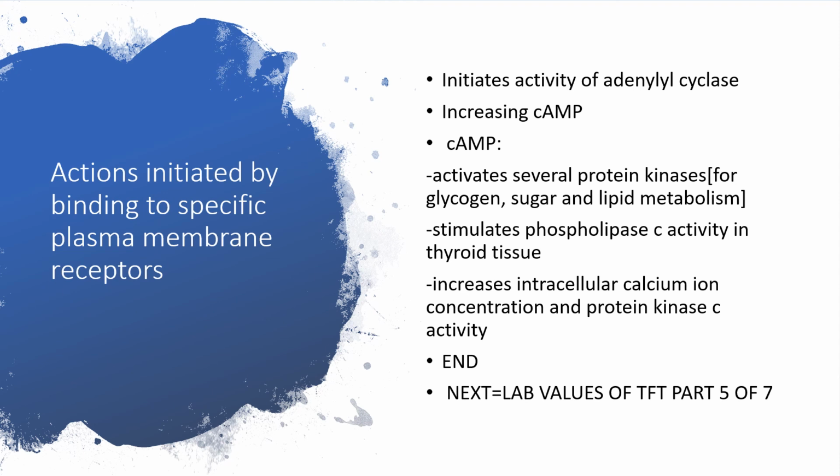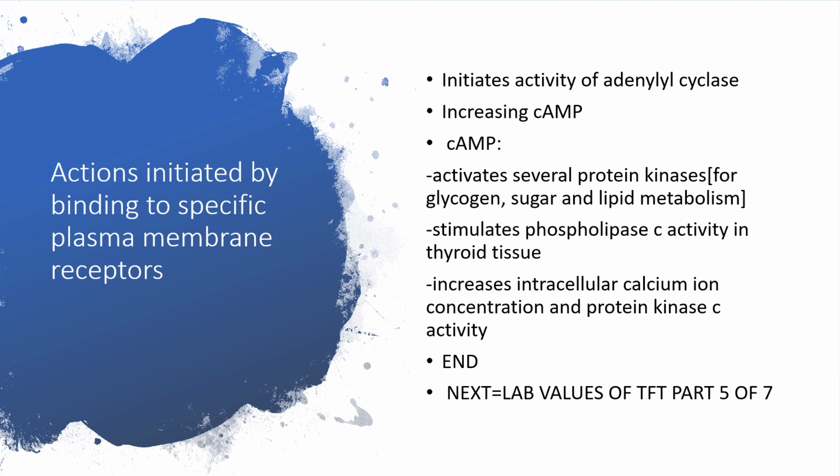Actions are initiated by binding to specific plasma membrane receptors, and it will initiate activity of adenylate cyclase, thereby increasing cyclic adenosine monophosphate. And when we have a high level of cyclic AMP, that will lead to activation of several protein kinases for glycogen, sugar, and lipid metabolism.